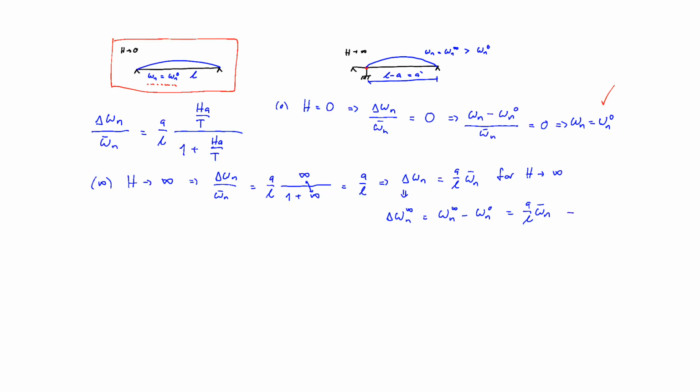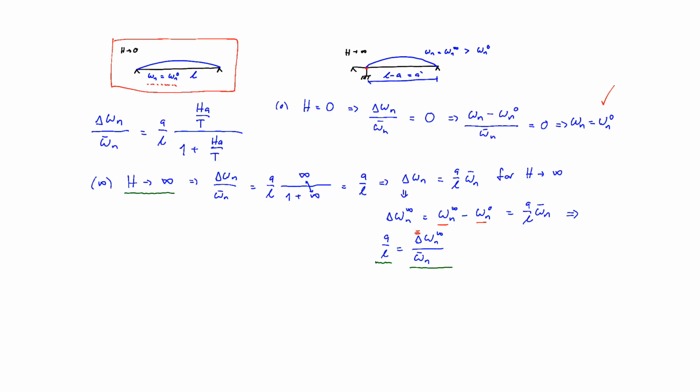So we can write A divided by L as the increment between the locked frequency and the undamped frequency, written in terms of this delta value here, divided by omega n bar. So the limit where H tends to infinity gives us an expression for the damper location in terms of the locked frequency increment delta omega n infinity.